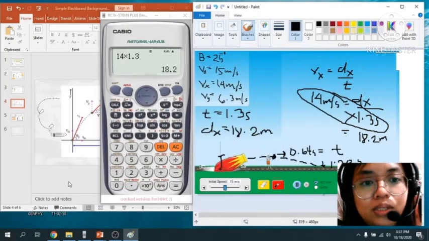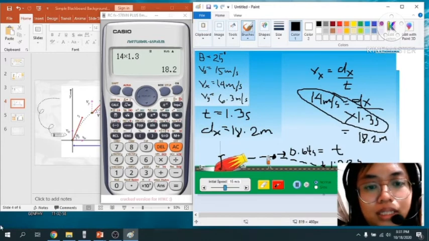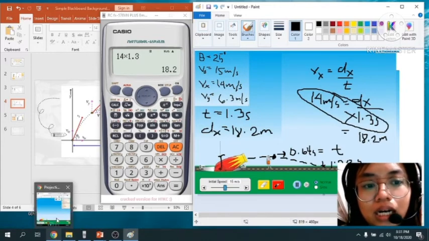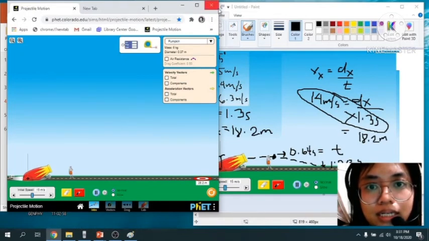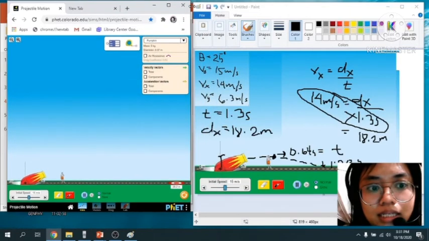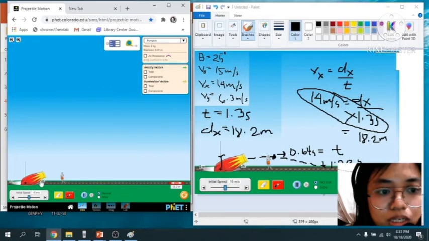So how do we check if this is correct, 18.2 meters? Let's try the simulator. This is from PhET. We have the cannonball at 25 degrees, 0 meters, and 15 meters per second.